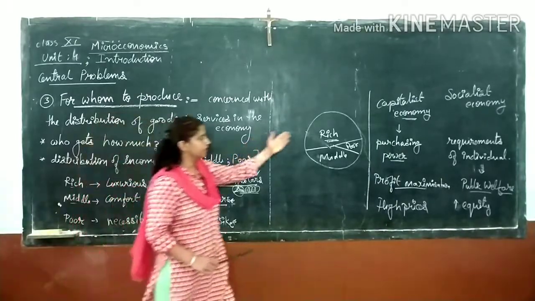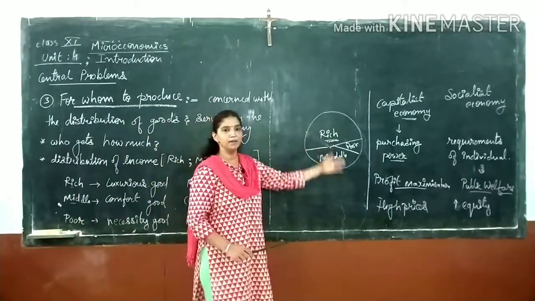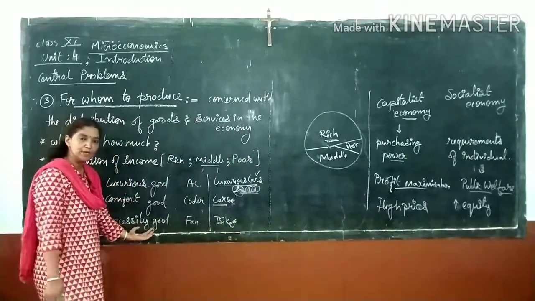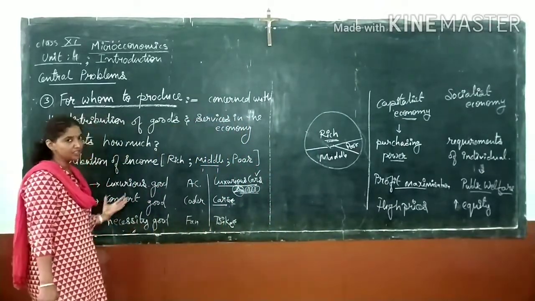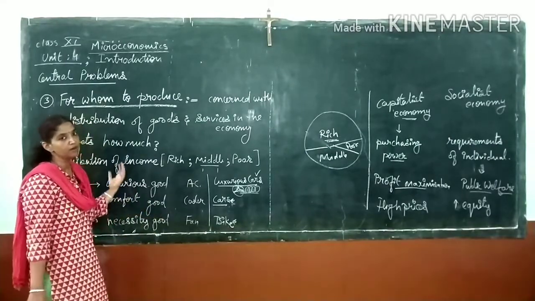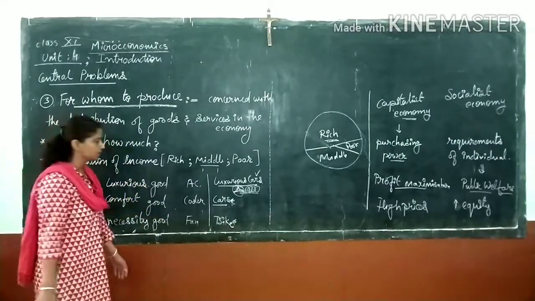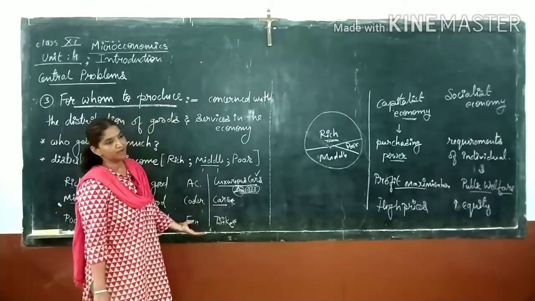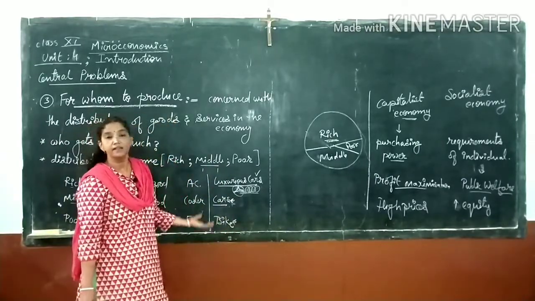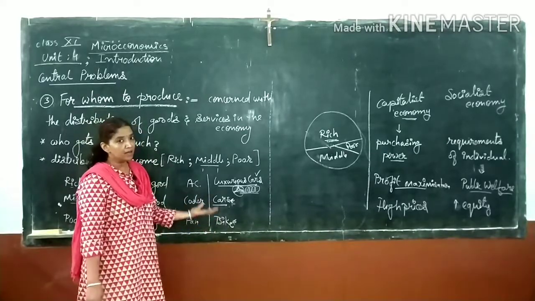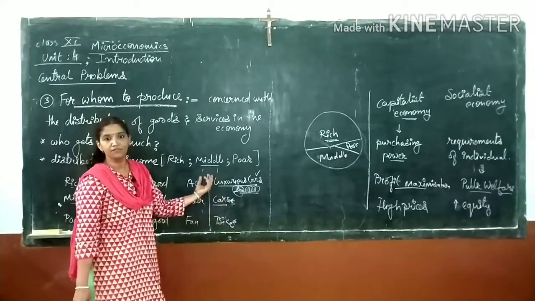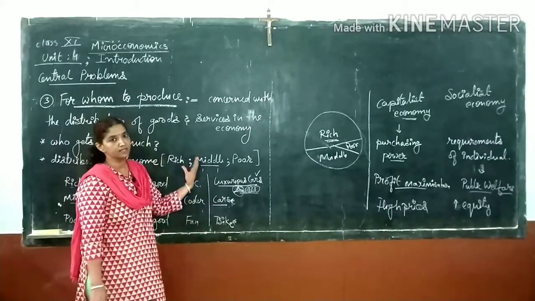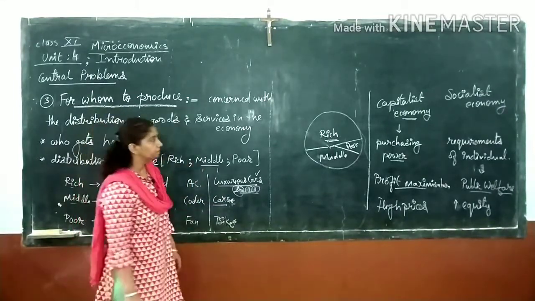For example, if we are taking richer, middle and poor sections, then for the poor section necessity goods will be produced in the economy, for the middle section comfort goods, and for the richer section luxurious goods. We can take different examples: fans lie in the necessity category, air coolers lie in comfort goods, and ACs lie in the luxurious goods category.